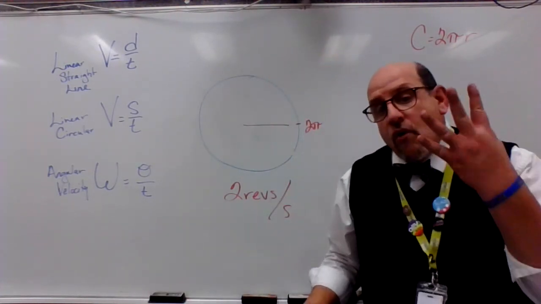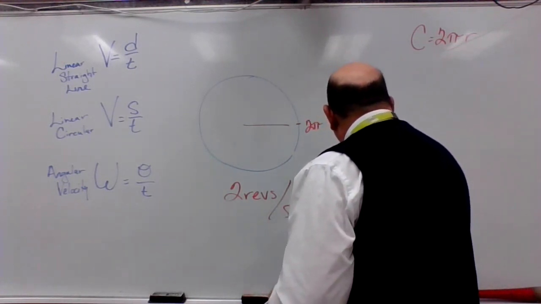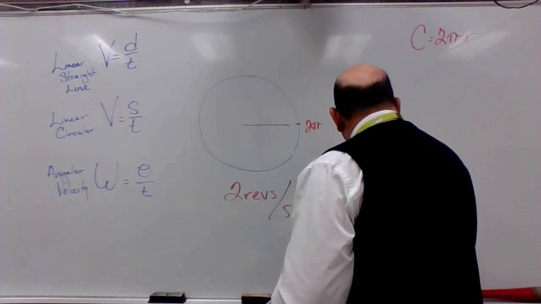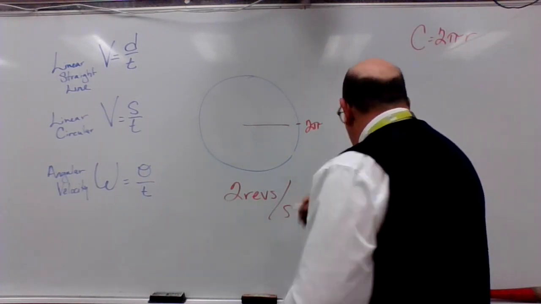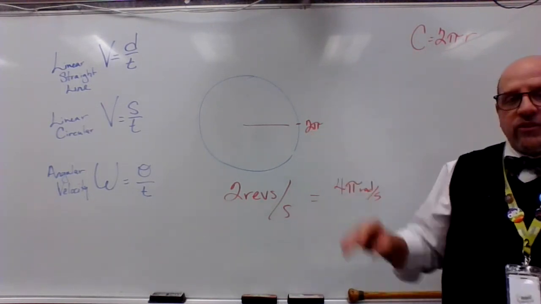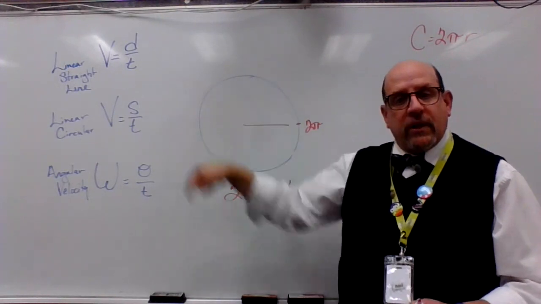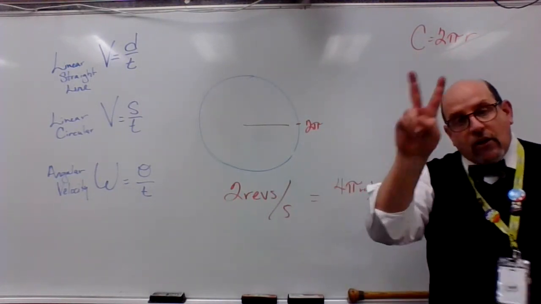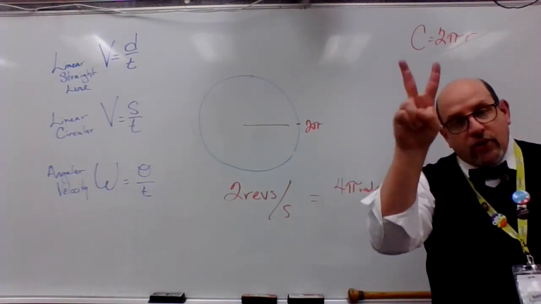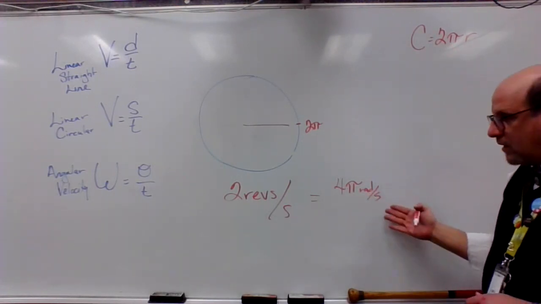So it's gone around 4 pi radians in a second. Well, that's cool. That's 4 pi radians a second. That's great. And that tells me that my angular velocity, or my angular speed, my rolling speed of this wheel, goes around 4 pi, 2 times in a second, or 4 pi radians in a second.